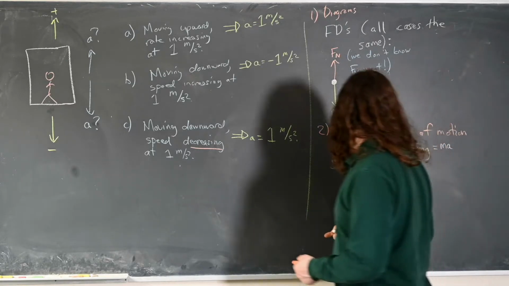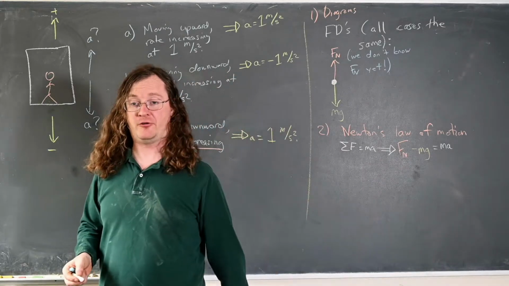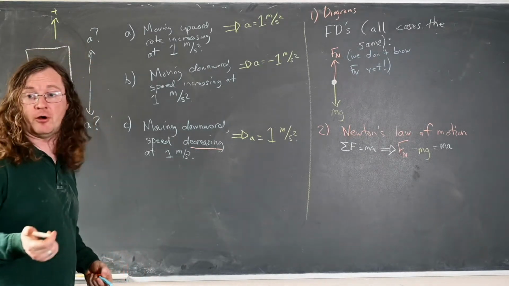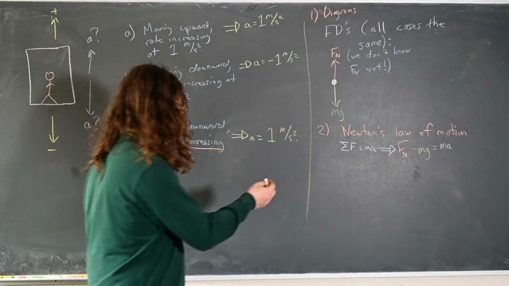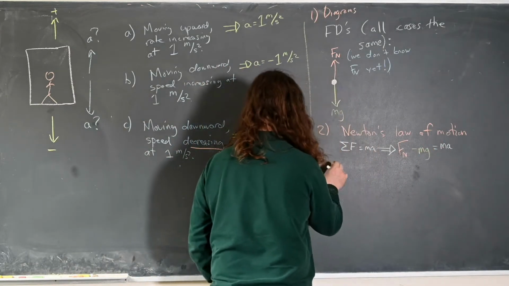And the force I don't know is the normal force. So this allows me to solve for the normal force. So I get, doing my algebra, I move mg to the other side.